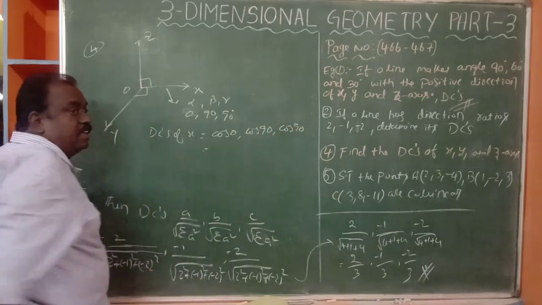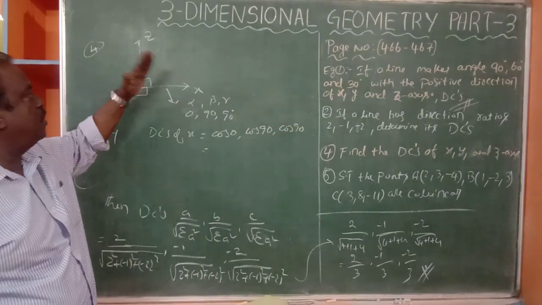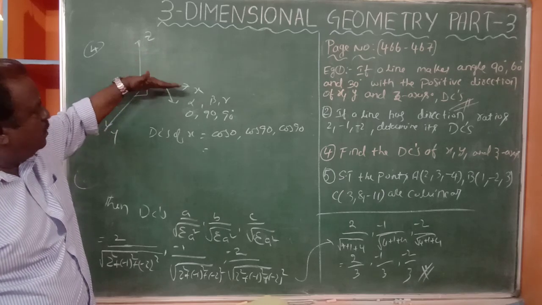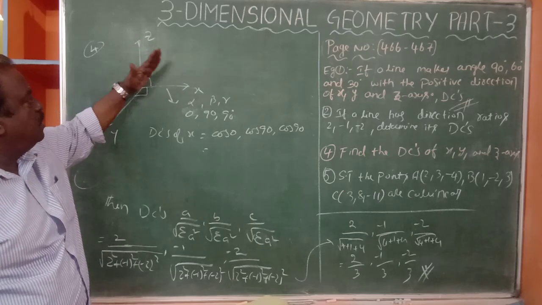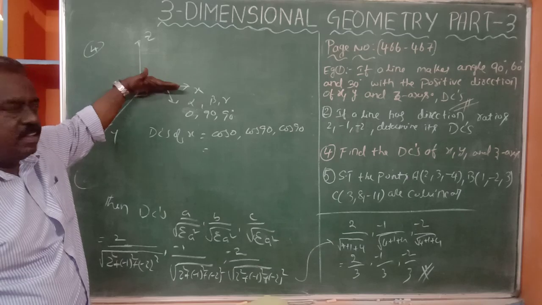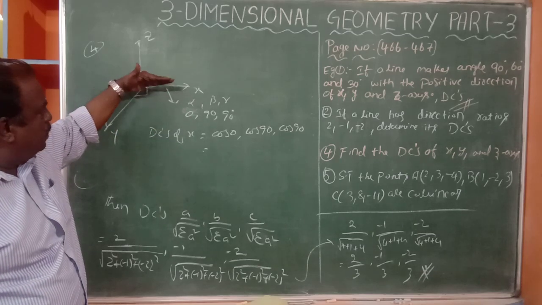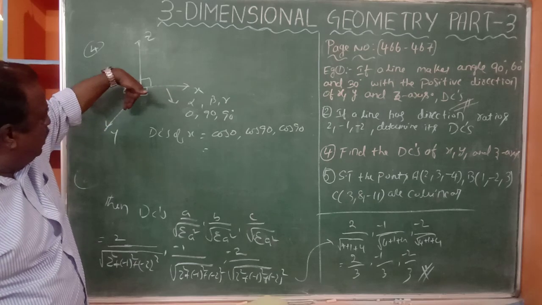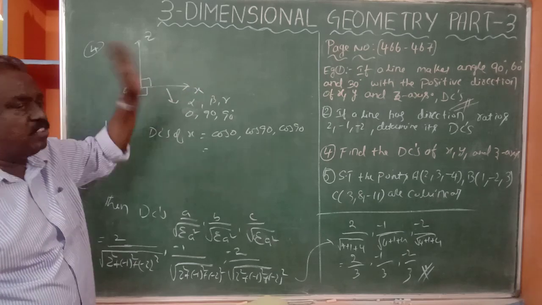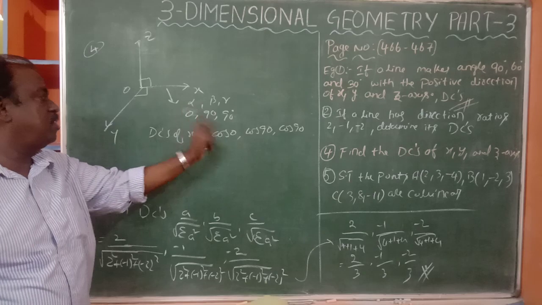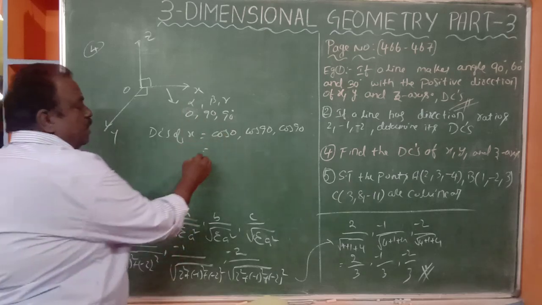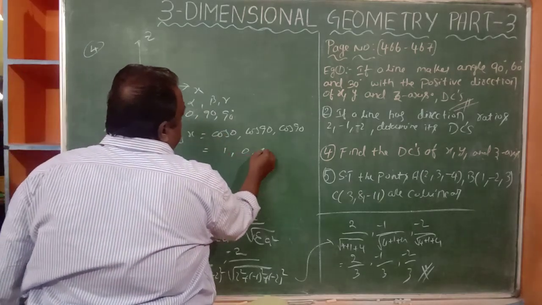Suppose the OP line is lying on the x-axis, then that OP line is nothing but the x-axis, so the angle is 0, with the y-axis it is 90, with the z-axis also 90. So this is cos 0, cos 90, cos 90. It is 1, 0, 0.